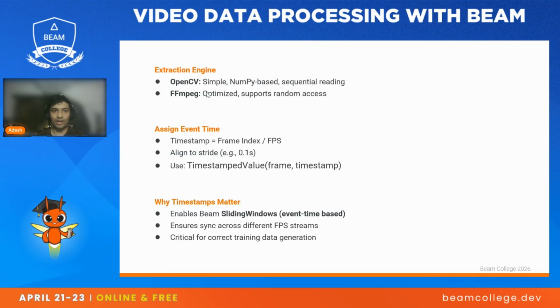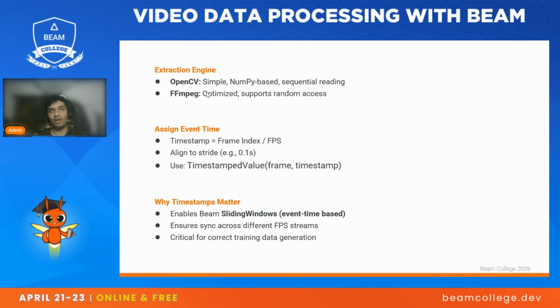You could either use OpenCV for frame extraction, which is NumPy-based sequential reading, or you could use an option which allows random access for a faster and more scalable workflow. Once we have the frames extracted from the video, the next thing we'll do is assign an event time to every frame.